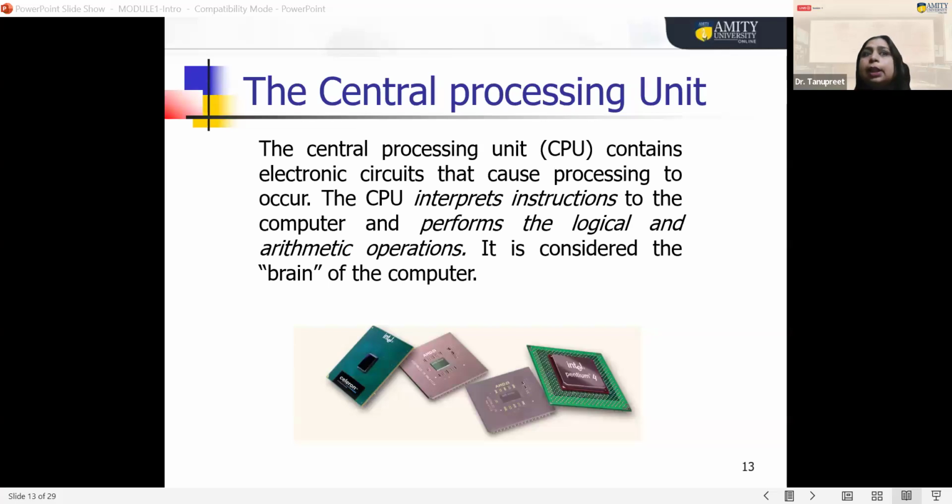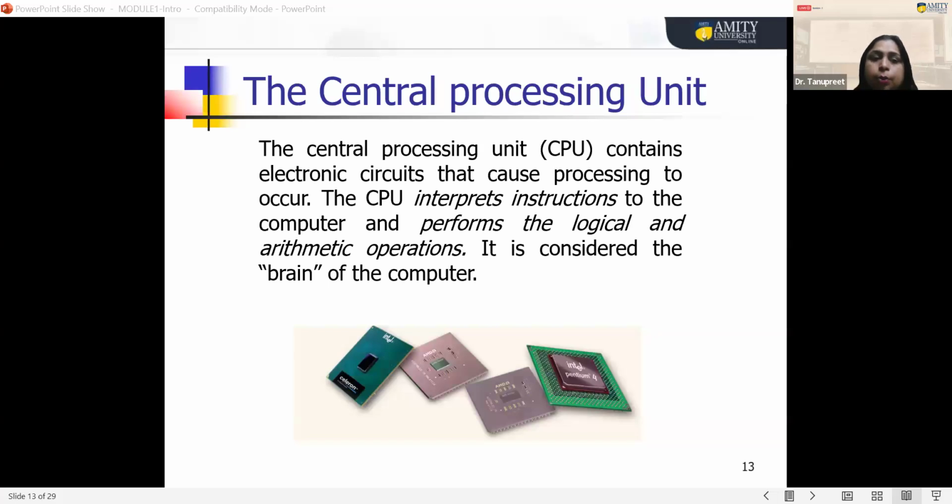In a CPU, the control unit coordinates and controls the activities of other components. Even when the computer was as big as a room, the control unit had the same functionality, but nowadays the features are enhanced. Similarly, the CPU has your ALU, the arithmetic and logical unit, which performs the arithmetic and logical operations.